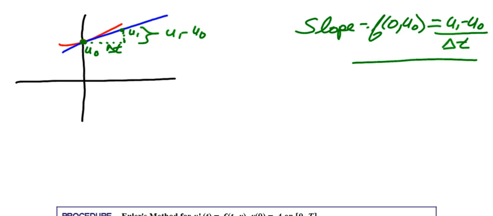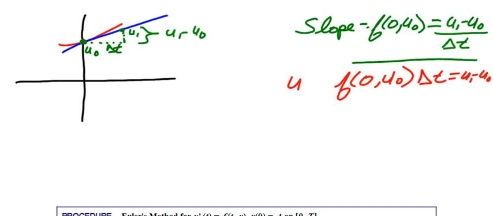If I took that and solved for u sub 1, I would get, multiplying both sides by the delta t, and then if I add my u sub 0 to both sides, I would get this equation. So all I did was take our definition of slope and solve for the next point, u sub 1. And this is Euler's method.